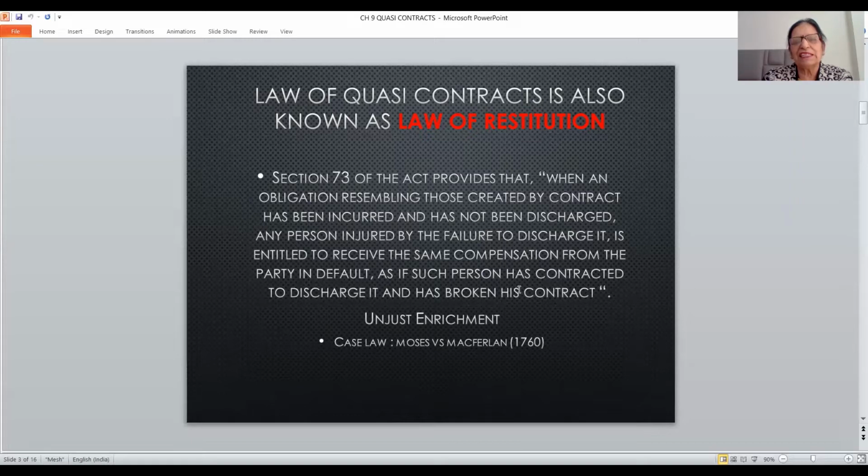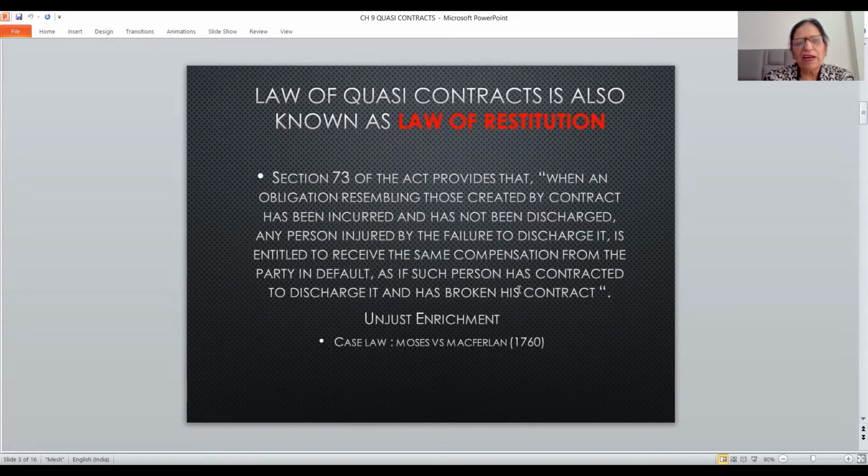He must return this benefit to the other person from whom the benefit has been derived. Moses versus McFarlane is a very important case law regarding this, where the obligation was there and the money was refunded to the party. Obligation was discharged, and then later on the money was refunded to the party.